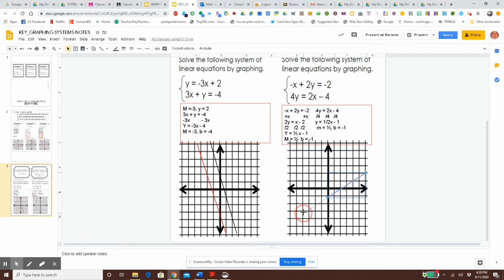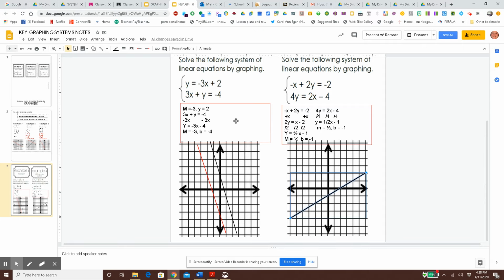Over here, I'd go down 1 and over 2, down 1 and over 2. So if I put the other line on top of it, in the exact same spot, I would only see one line because they'd be lying on top of each other.